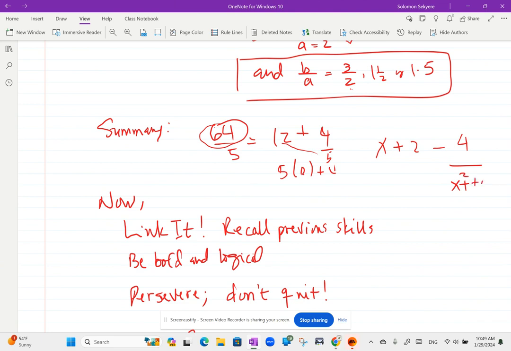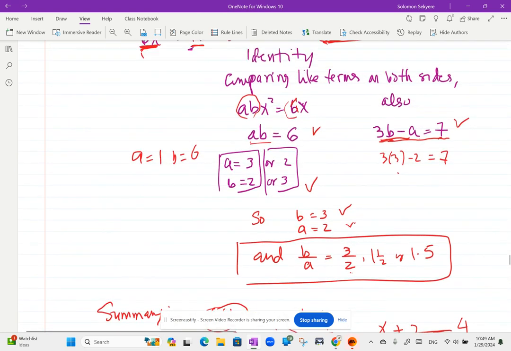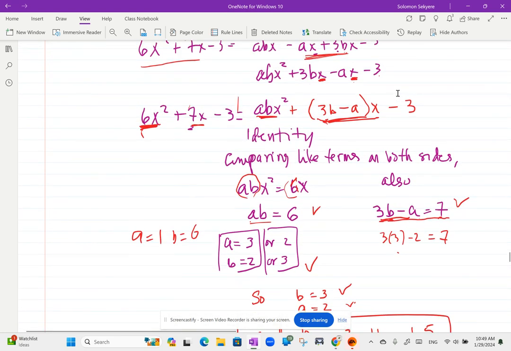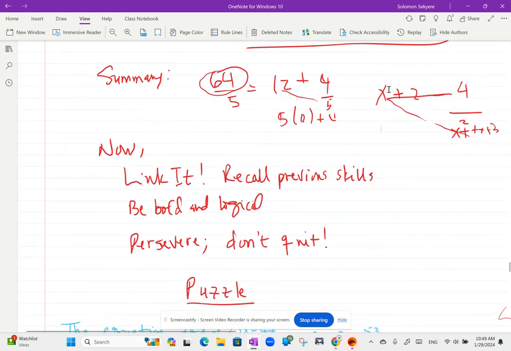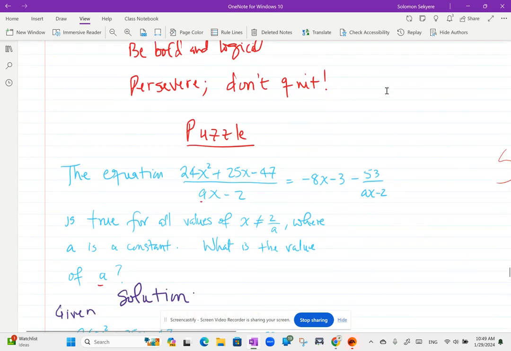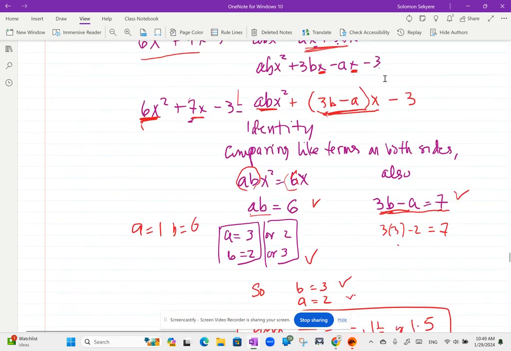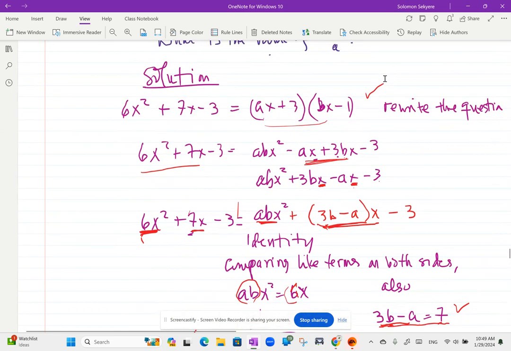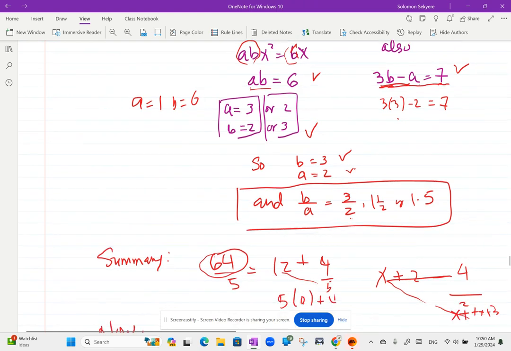X squared plus x plus 3. You know how to put this together from 1, okay? What else do you know? When you have an identity, you know how to make them look alike, and then compare like terms and find your variables.